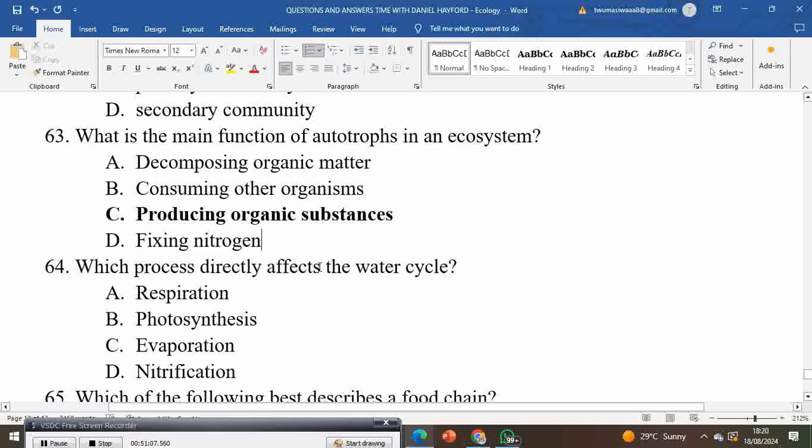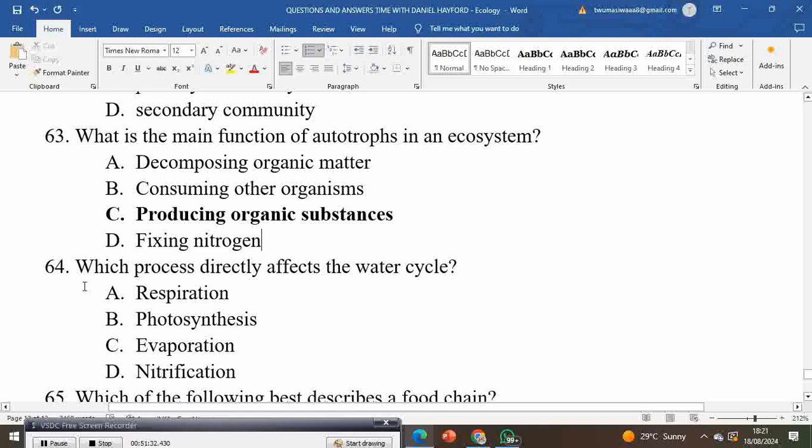Then which process directly affects the water cycle? The option A says respiration, B says photosynthesis, C says evaporation, and D says nutrition. So which one is your best answer ever? Okay, 64.